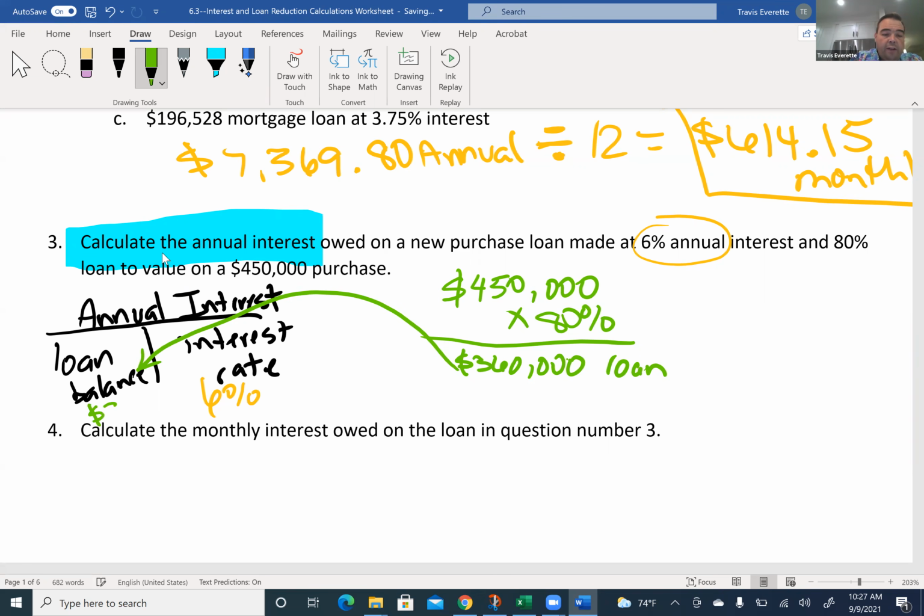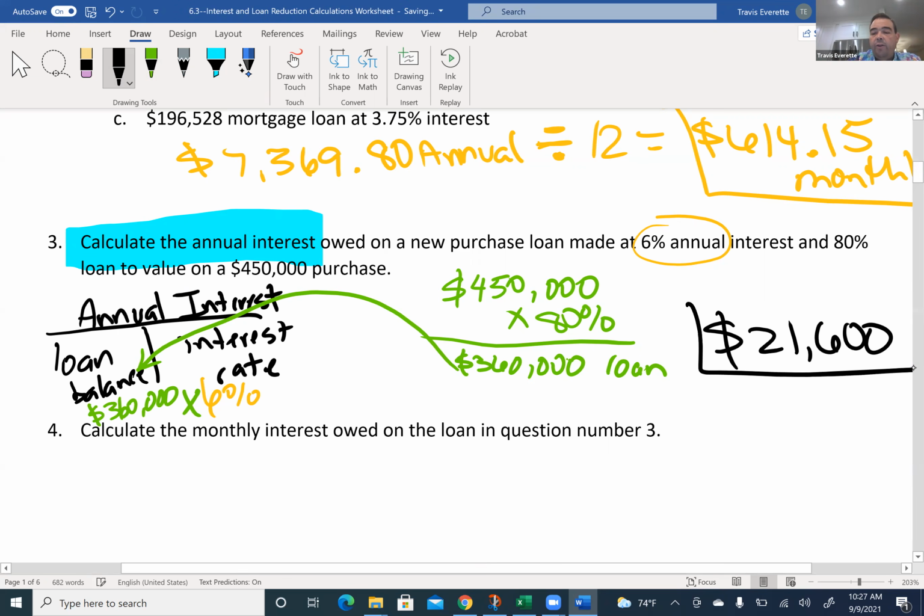So now I've got a $360,000 loan amount times a 6% annual interest rate. And that's going to give me annual interest on that thing of $21,600 for annual interest.